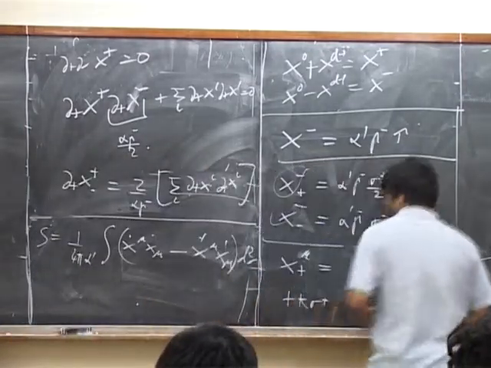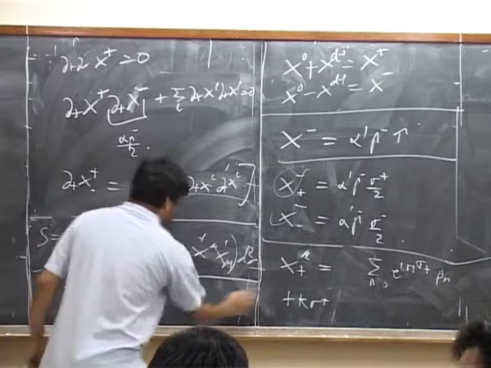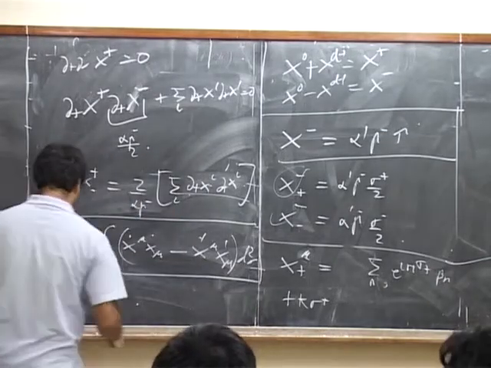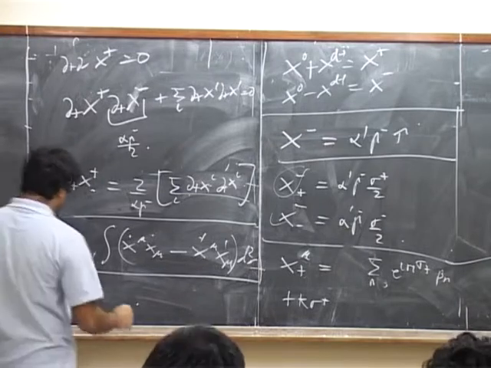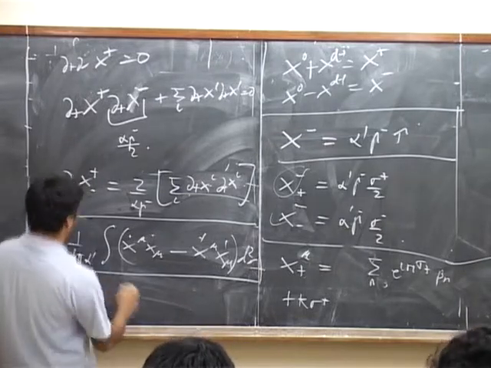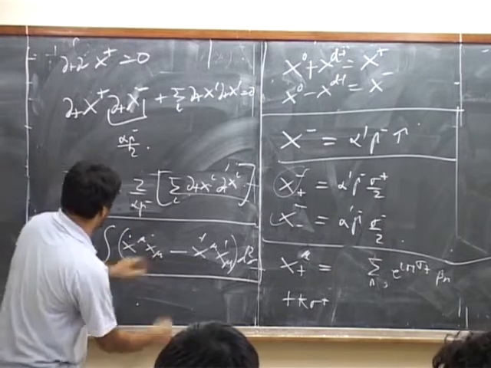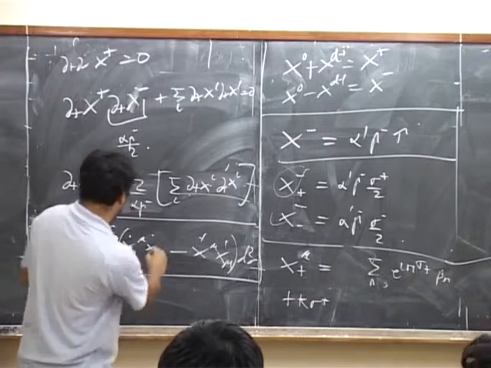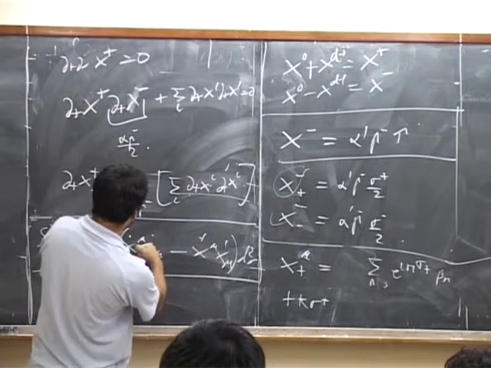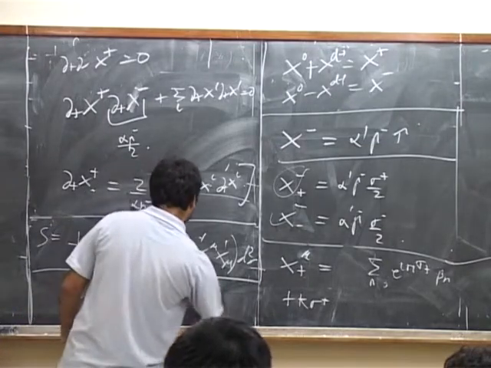Into this action we put the gauge condition. I'll come back to zero modes in a moment, but that essentially eliminates, what does it do? There's part of this that is x plus, x minus, and there is part of this that is xi.